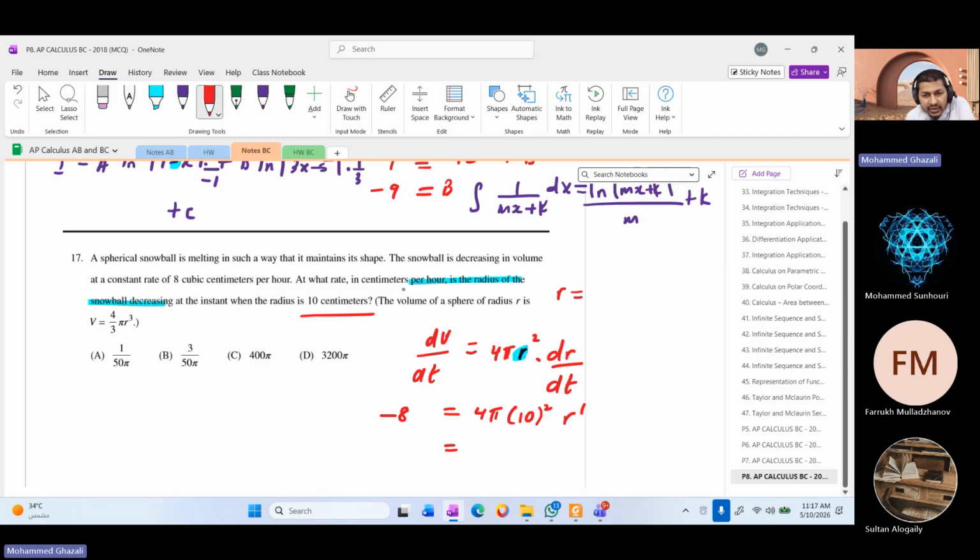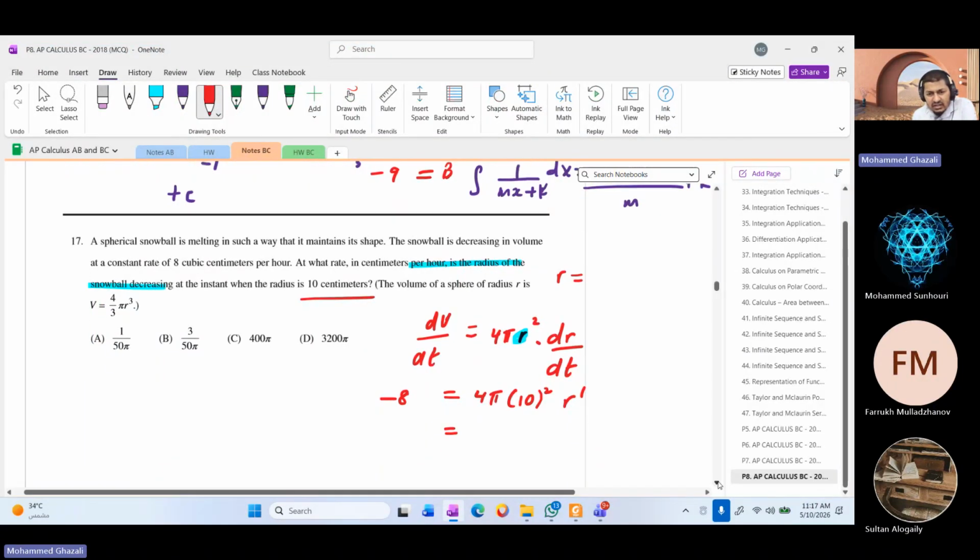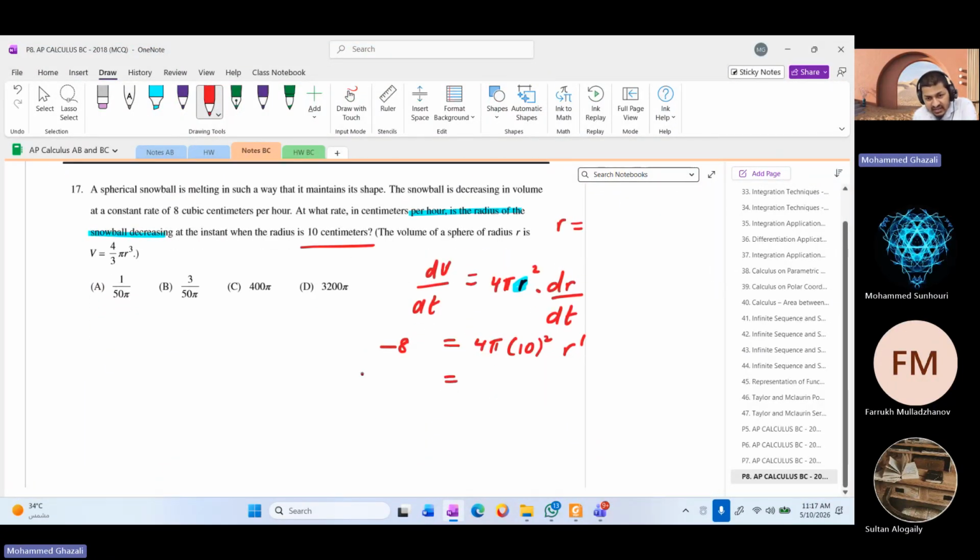Is the radius of the snowball decreasing at the instant when the radius is 10 centimeters? So they're only talking about decrease, yes. So it's -8 over 4 pi times 100. Okay, so the 8 and the 4 cancel out to 2, and the 2 and the 100 cancel out to 50.